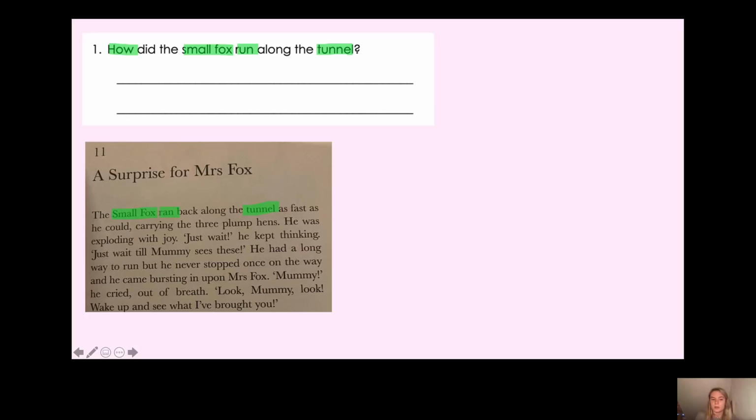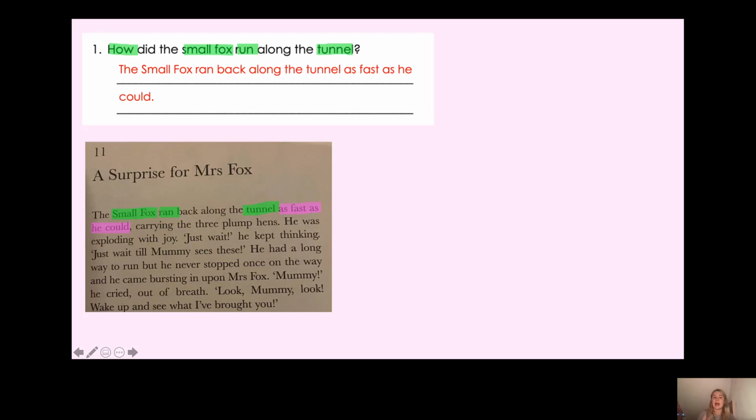So the small fox ran back along the tunnel as fast as he could. Okay, now we need to explain for this question how. So we're looking for an explanation and we can explain that the fox ran as fast as he could. That's how he ran. So we can say for our answer for this question, the small fox ran back along the tunnel as fast as he could. Okay, so we've explained how.